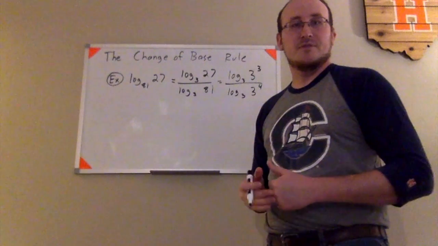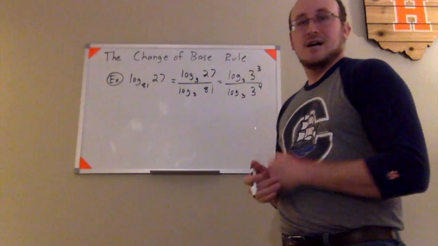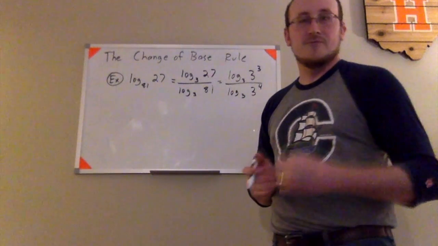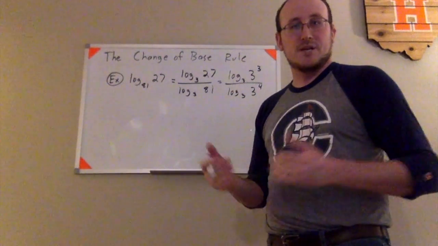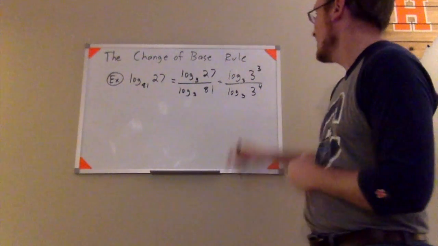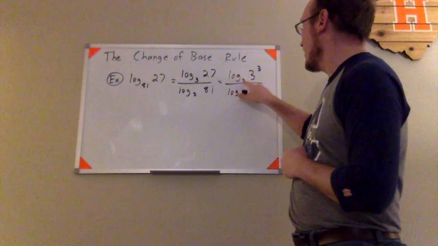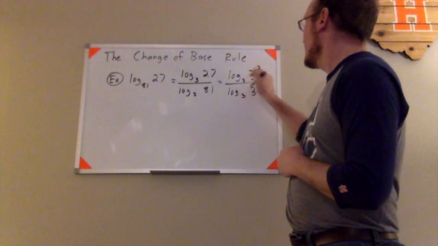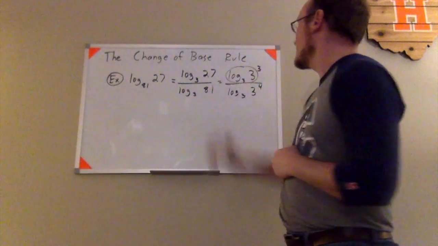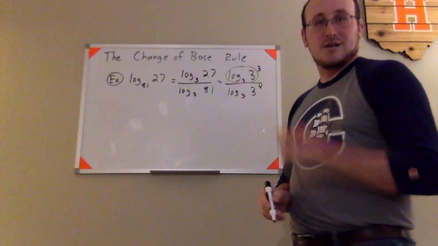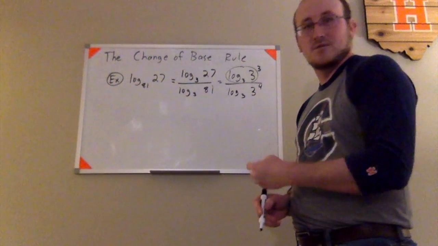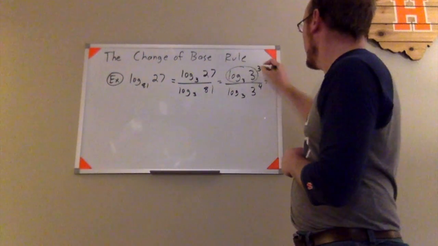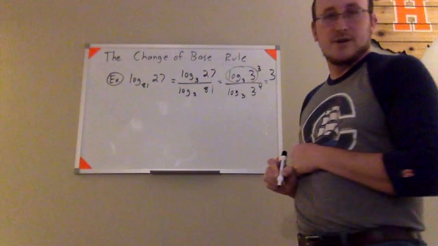If you remember back from the previous videos, the base 3 logarithm and the base 3 exponential are inverses of one another, and therefore would kind of undo or cancel one another out. So here I have the base 3 logarithm of this base 3 exponential. So this part right here, in a sense, would just cancel itself out, and just leave you with this 3 in the numerator.